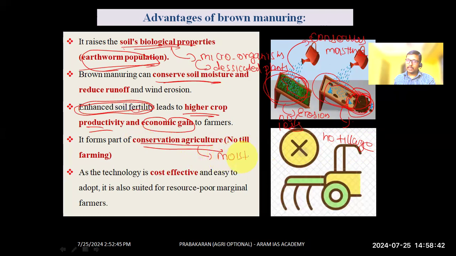Moisture was also conserved, and soil erosion was also reduced. And finally, it was cost effective because we were not doing any tillage or puddling operations here. So it was highly cost effective for the poor farmers of our country.